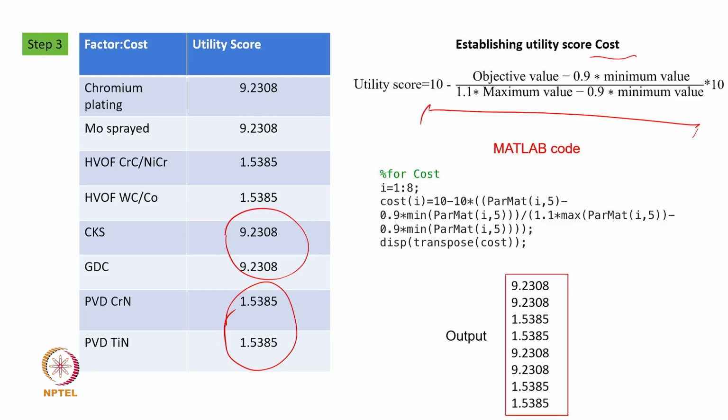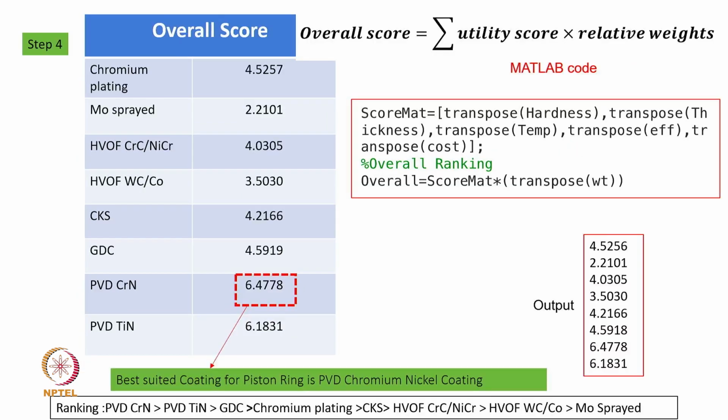Now, based on this we get all the rankings, and then we have the weighting factors available. On that, the overall ranking comes from a multiplication of the factors, and it comes out in this form. You can see that the highest number is for PVD chromium nitride, and PVD titanium nitride missed by a few numbers.